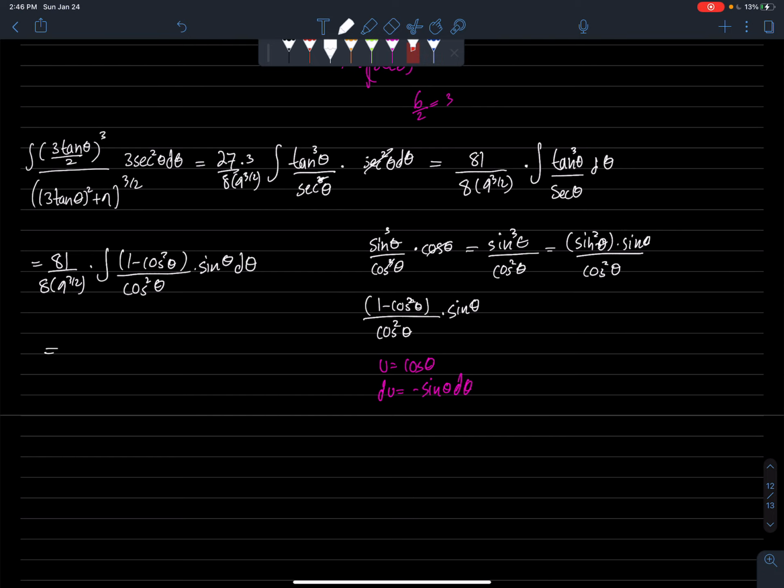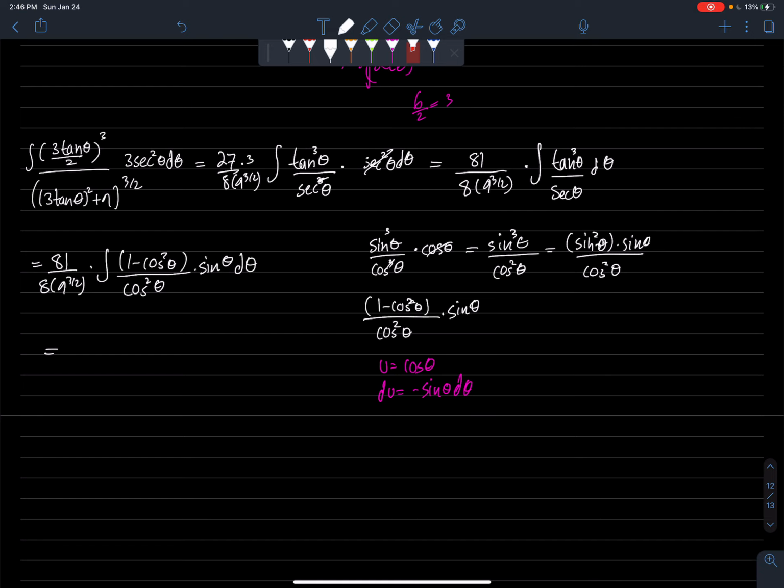I'm just going to make this constant, let's just say D is equal to 81 over 8 times 9 to the 3 over 2. I'm tired of carrying it over. So we're going to have D times the integral of 1 minus u squared over u squared, right, times negative.